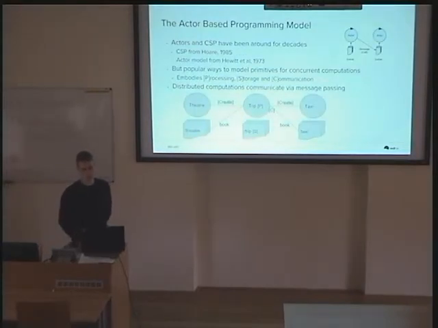So the first area I want to cover is what's called the actor-based program model. The actor-based program model is a way of modelling concurrency in distributed systems. It's a topic that has been around since the 80s, maybe even earlier, the 70s or 80s.